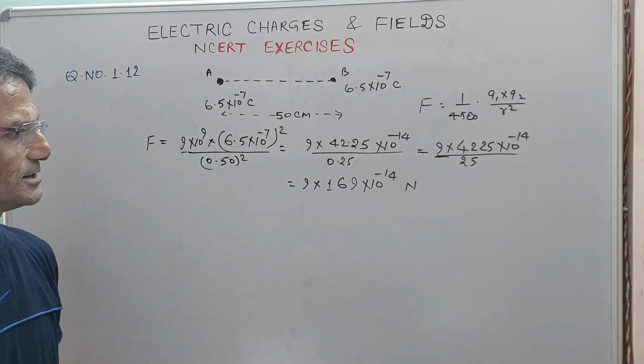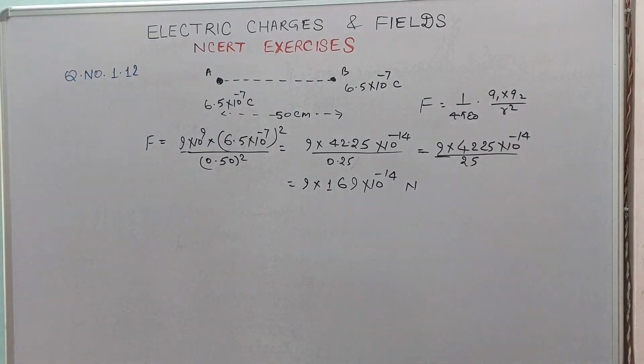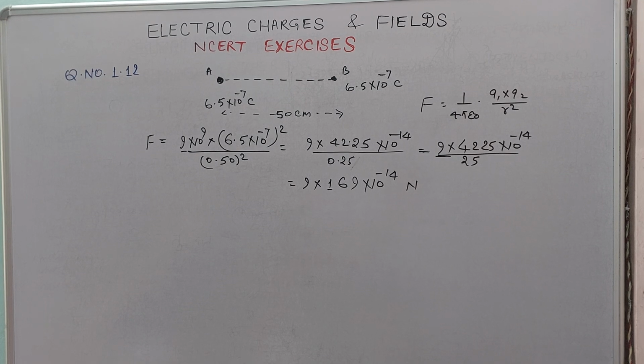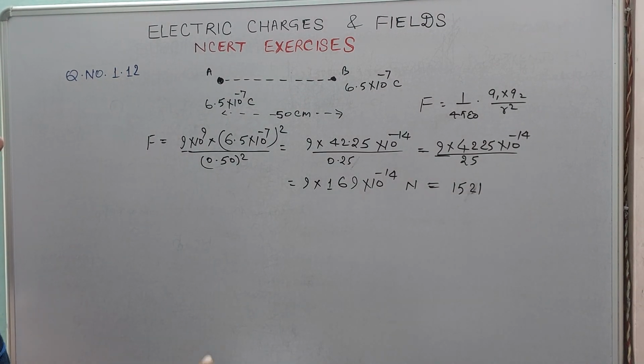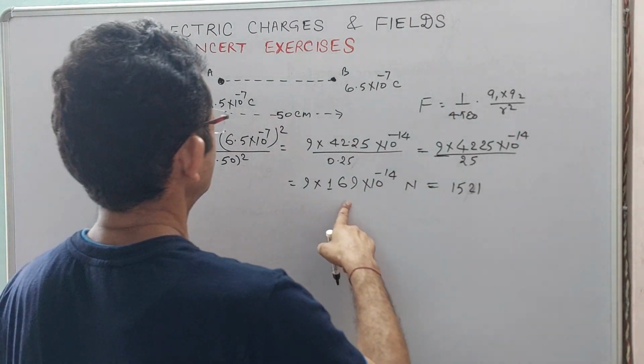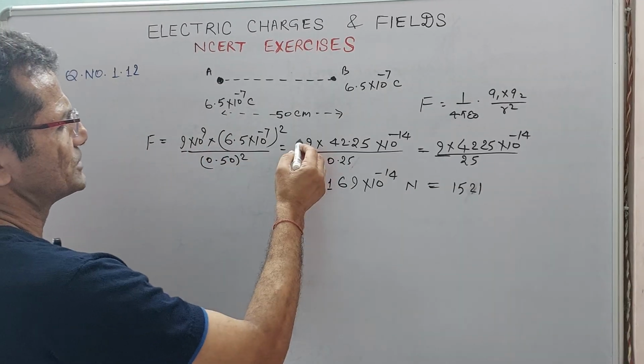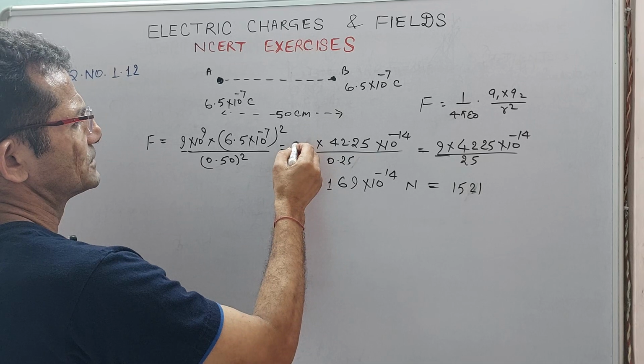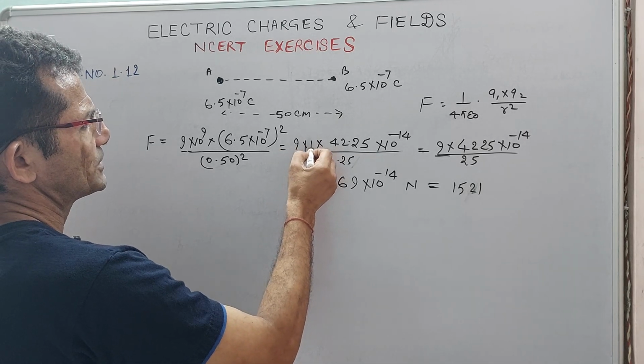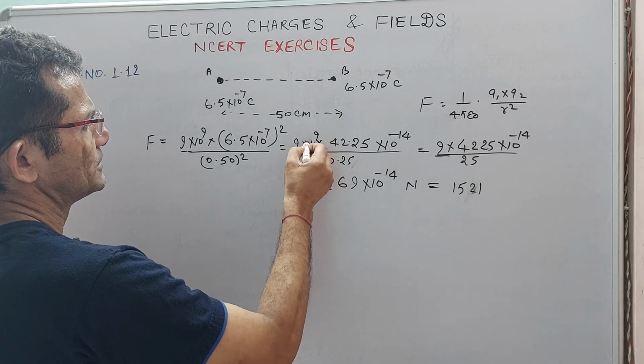If you multiply 9 into 169, the value comes out... now, if you multiply 9 into 169, but there one term 10 to the power 9 is remaining here. 10 to the power 9 is also 9 into 10 raised to the power 9.